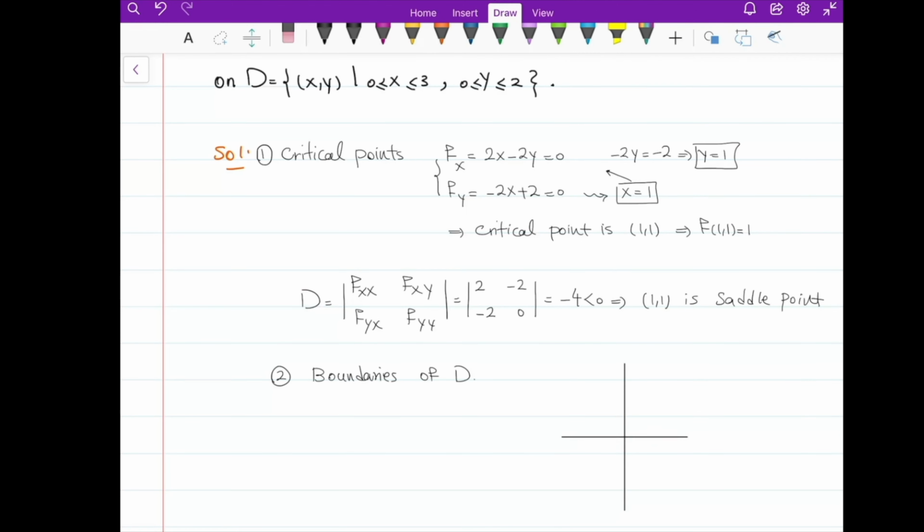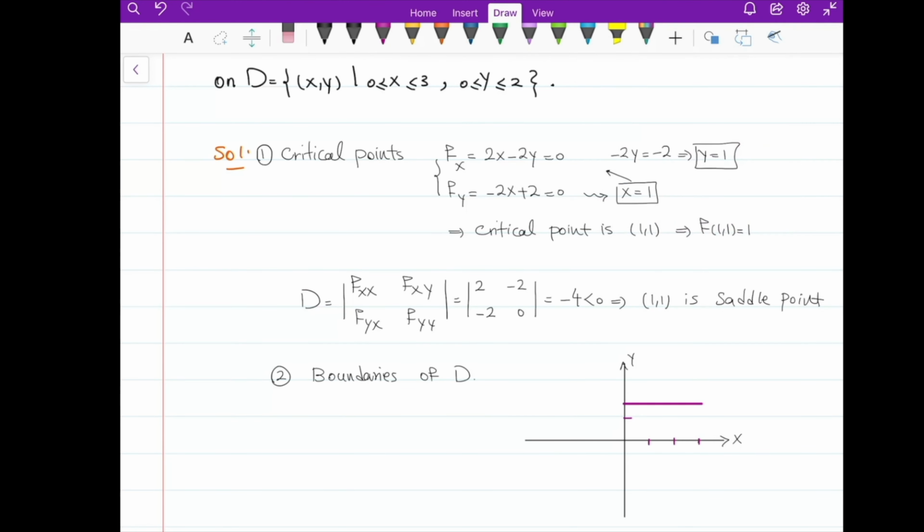I'm gonna graph the x-axis and y-axis, and x is from 0 to 3 and y is from 0 to 2. So that's y between 0 and 2, and x between 0 and 3.